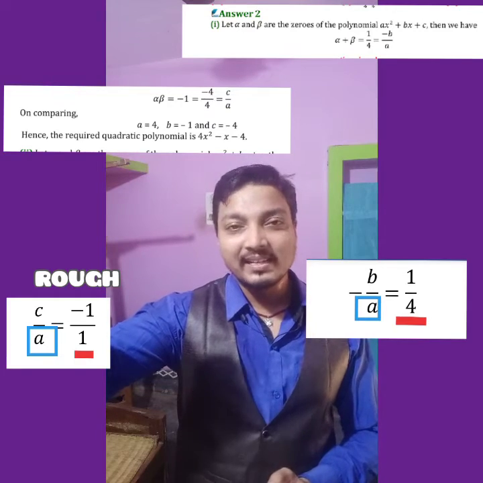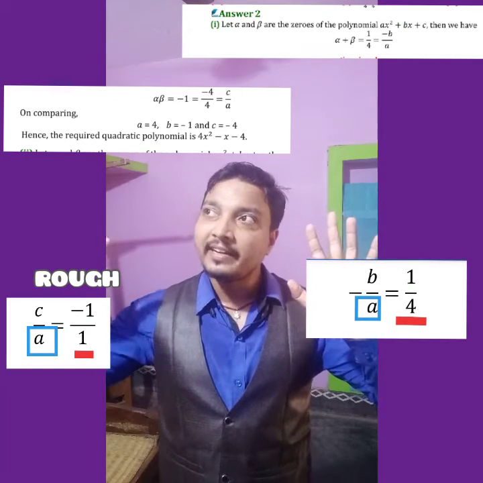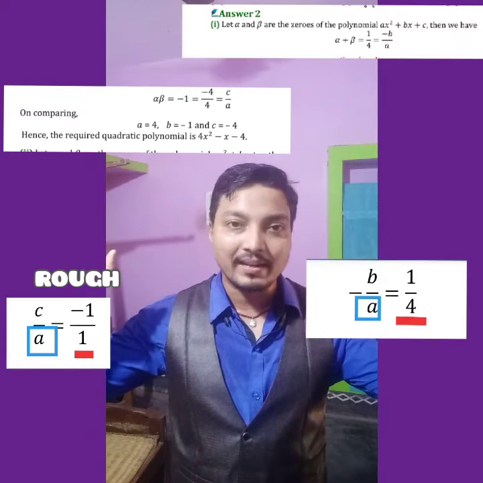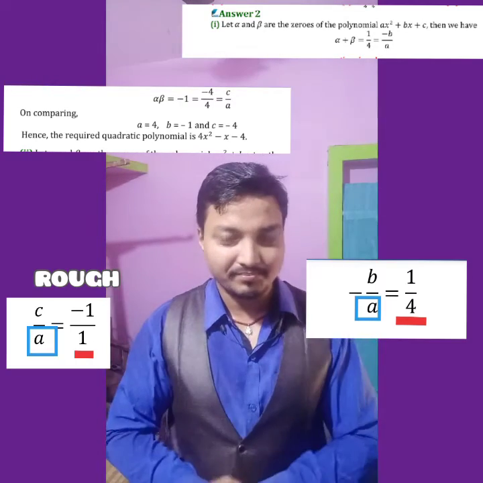On the left side a matches with 4, and here a matches with 1. So we cannot determine a, b, c in this step.